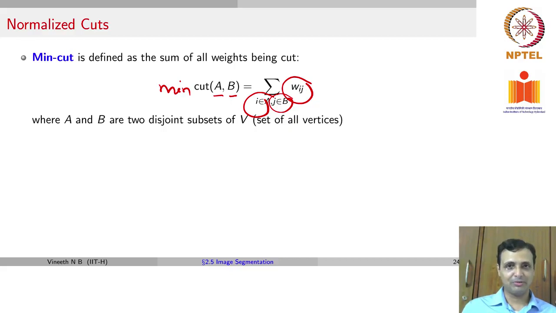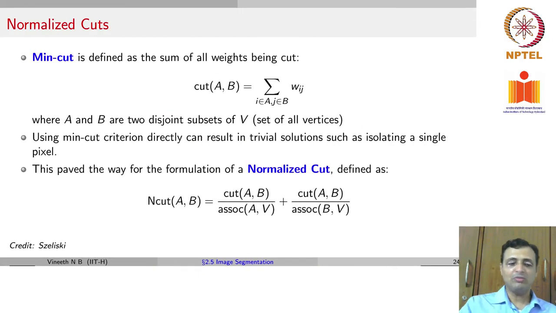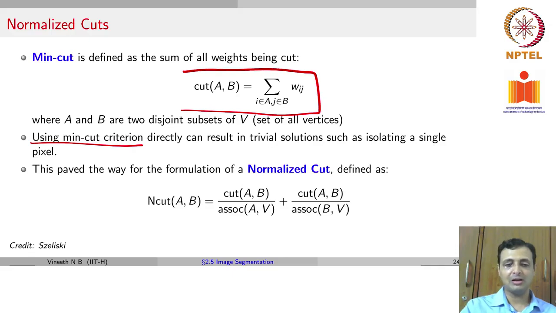So clearly, as you can observe here, this method only divides two segments at a time. If you want more segments, you will have to do this more and more times, or probably use other heuristics if you wanted to combine them later into fewer segments. But one of the problems with using the min cut is that it can also result in trivial solutions. Why so? Can you think about it? Why does this min cut problem result in trivial solutions?